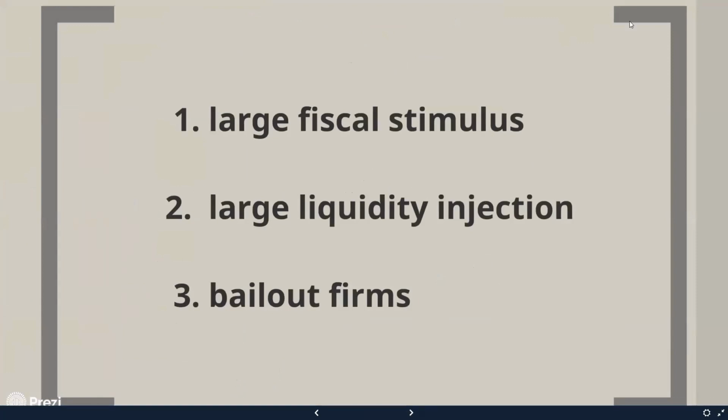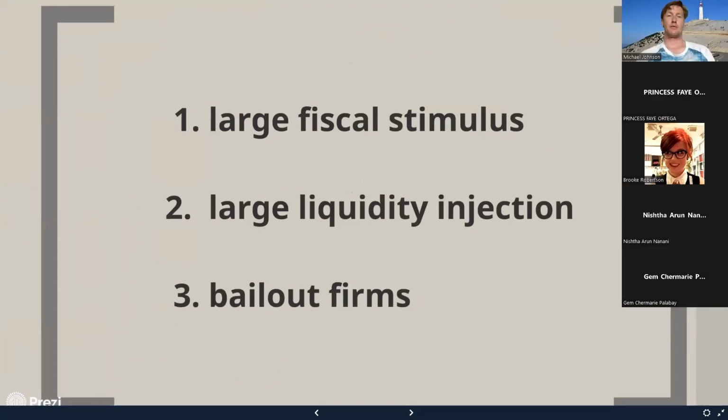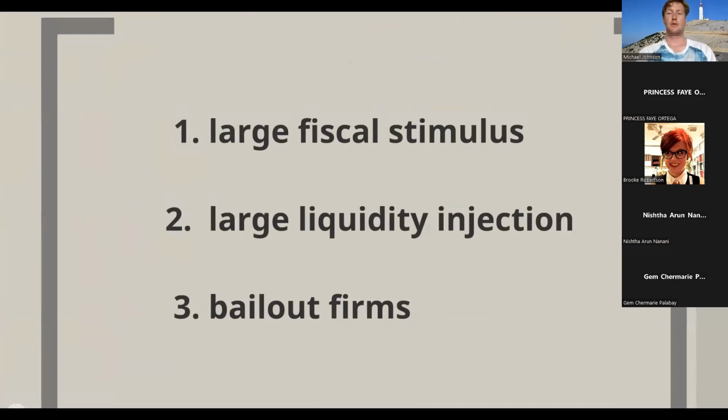So they spent a lot to save the economy through increasing employment insurance, bailing out banks, car companies, and AIG insurance, and the government lent to banks so banks can lend to people and businesses.